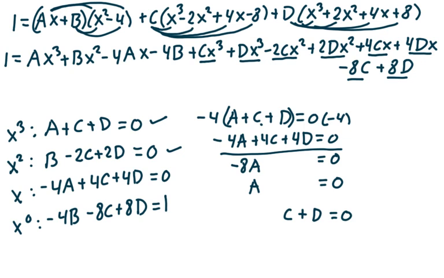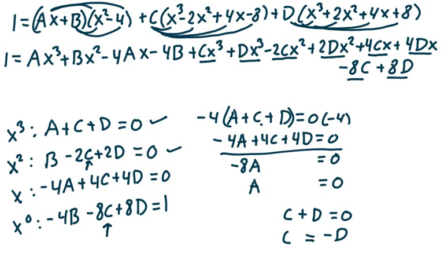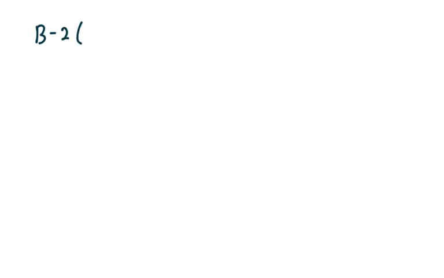So c is equal to negative d. Now, why do I care about that? Because I'm going to replace c with negative d in equation 2 and in equation 4. So I'm going to get b minus 2 times, now remember, this is 2c, but c is negative d, so it's times negative d, plus 2d equals 0.